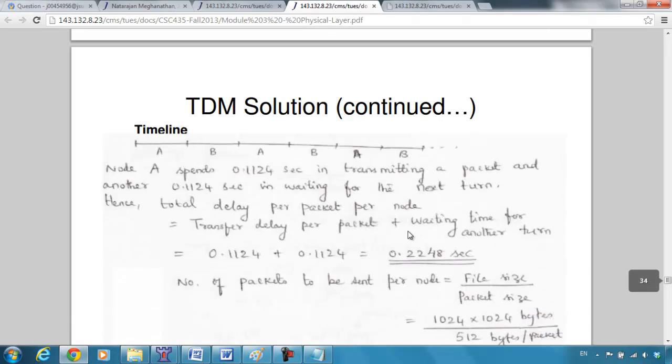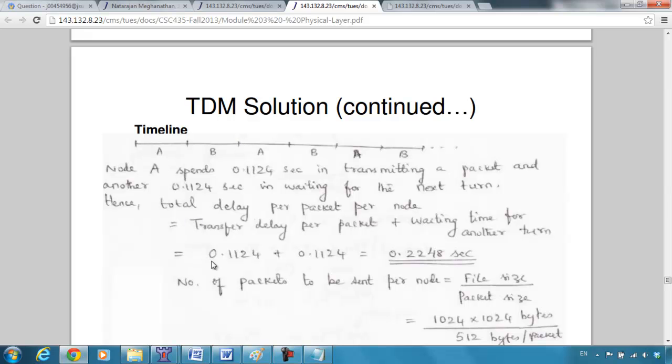Why do we do that? Because we can now have a timeline where you send from A and then you switch to B and then you have B send a packet and then you switch to A, have A send a packet and then switch again to B and so on. So we can consider now one epoch is where A sends, then switch to B, B sends, then switch to A. So this is one epoch.